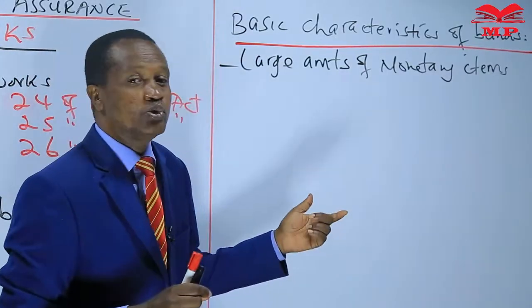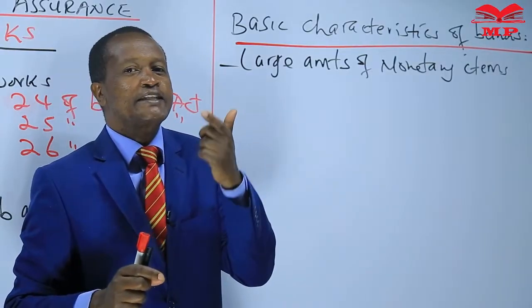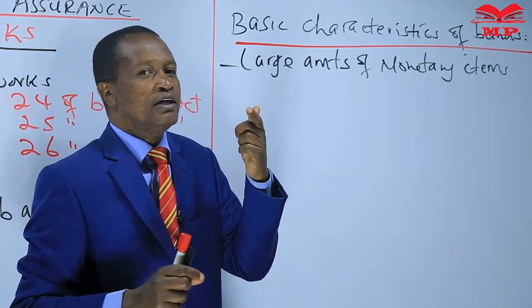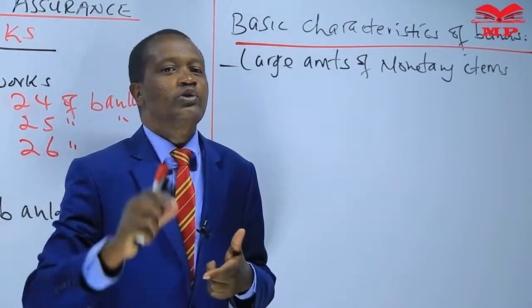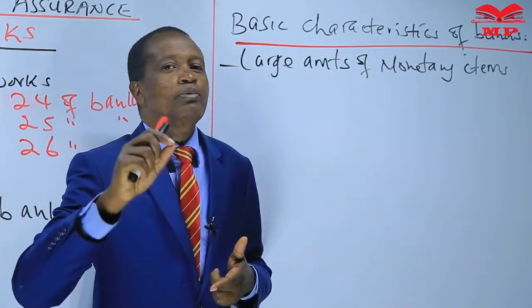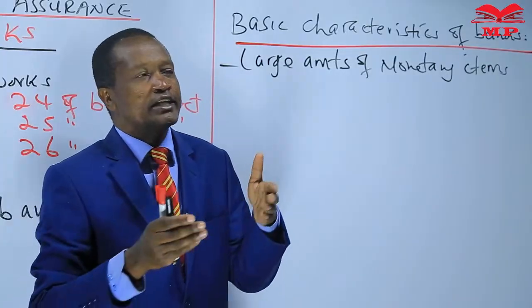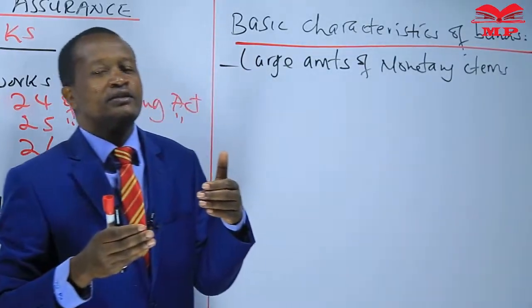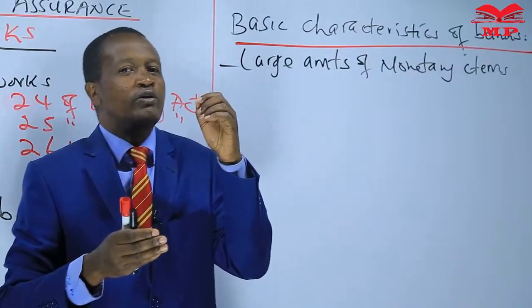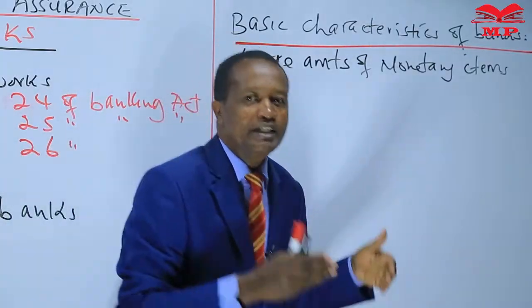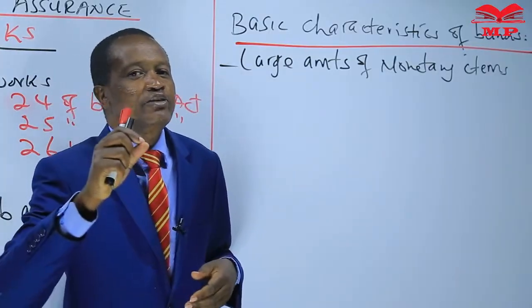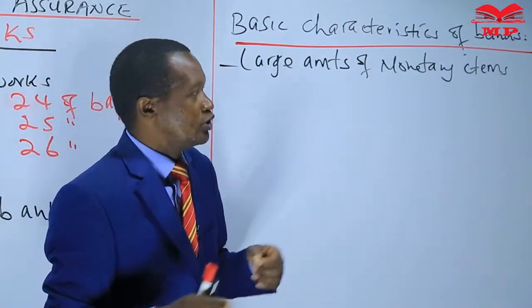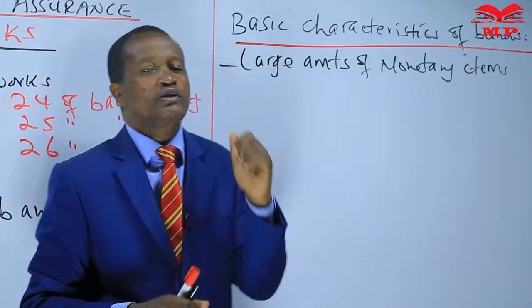Banks therefore need to establish formal operating procedures that are well defined, that have well-defined limits for individual discretion, and rigorous systems of internal controls.